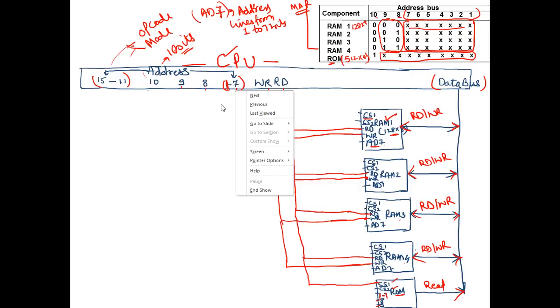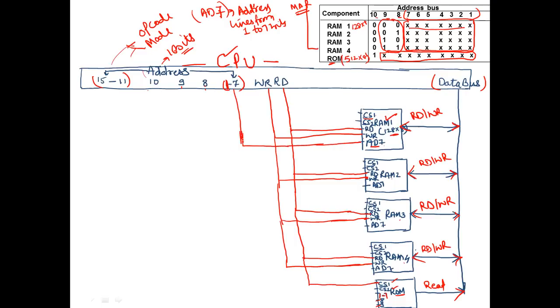They again go directly, so I will pick this line and attach it to AD7 here and here, to all the RAMs. The ROM also has the 1 to 7 address lines, so this will also be attached here. The ROM also consists of 7, 8 and 9 bits, so these 7 will remain the same. These 7 address lines I have provided here.